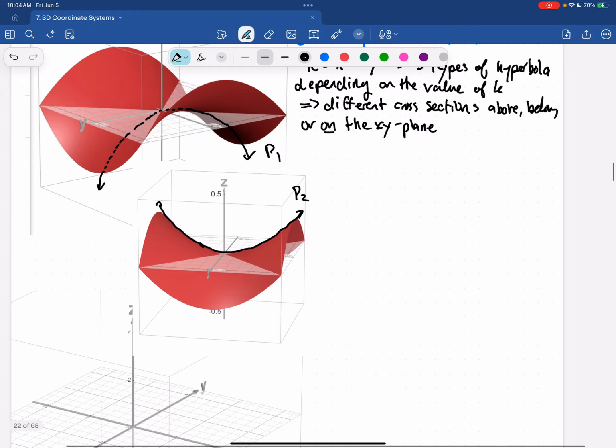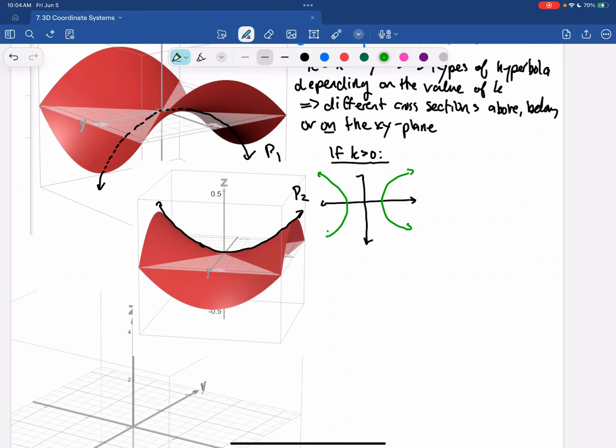Okay, so what are those three different types then? First, if k is positive, we get the hyperbola shaped with a kind of horizontal reaching. I'm not sure what the technical term is, but this is what we're talking about: x squared minus y squared is equal to k. In all cases, we're going to call it the hyperbola HK.